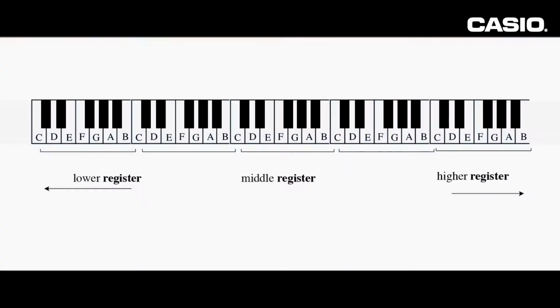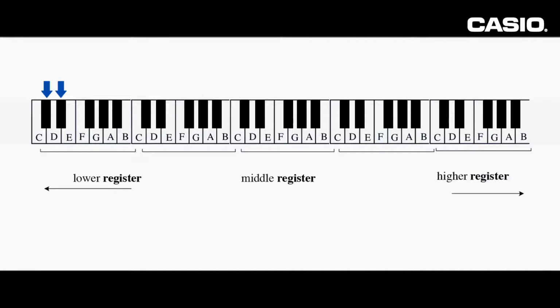Now, this is a picture of a standard keyboard with the middle register, higher register and the lower registers. Each white key is different from the black key. When you look at the keyboard itself, you will easily find that it is a set of black keys which keeps repeating over and over again.